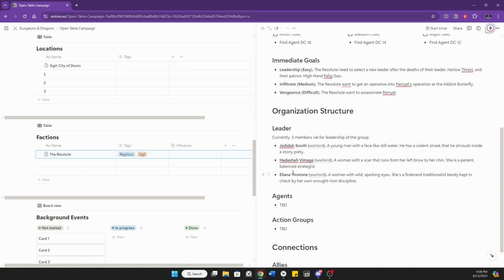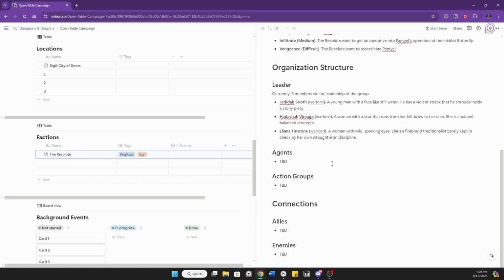But in that case, if they're having a lot of interaction with the leader, then I will take the time between sessions and flesh them out into a fully rendered NPC, which is something we're going to talk about in the next installment of this open table campaign prep video series. But in the meantime, I'm just going to give myself the minimum.